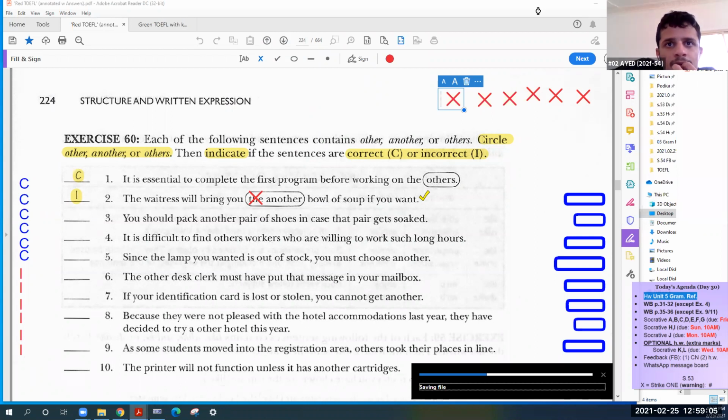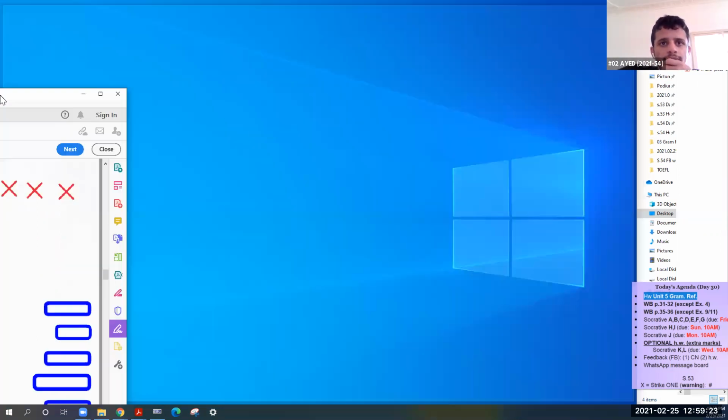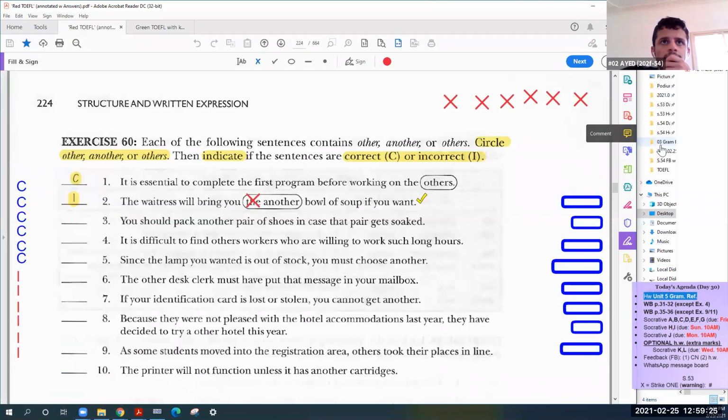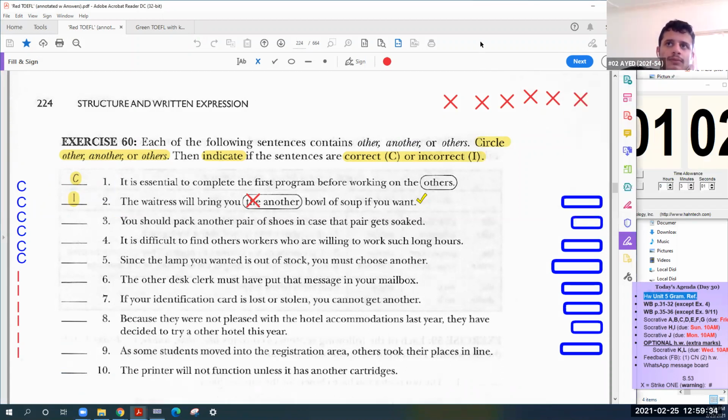One minute, 30 seconds. One minute, 15 seconds. One minute.